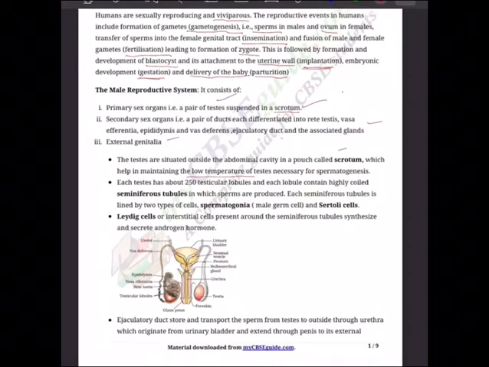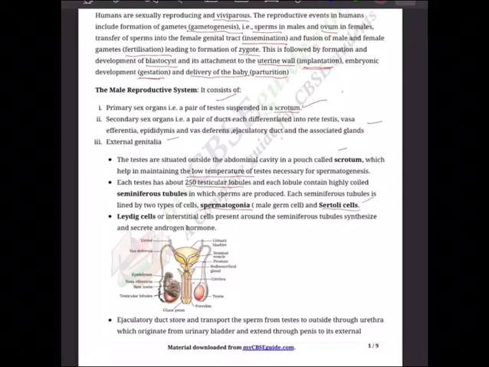Each testis has about 250 testicular lobules, and each lobule contain highly coiled seminiferous tubules in which sperms are produced. Each seminiferous tubule is lined by two types of cells, spermatogonia, that is male germ cell, and Sertoli cells.